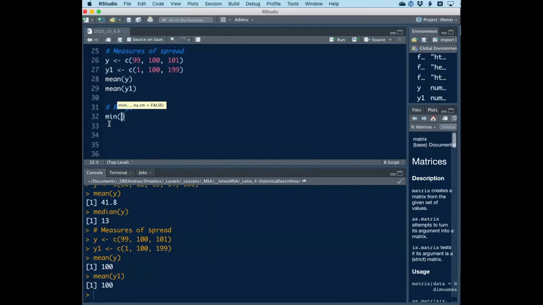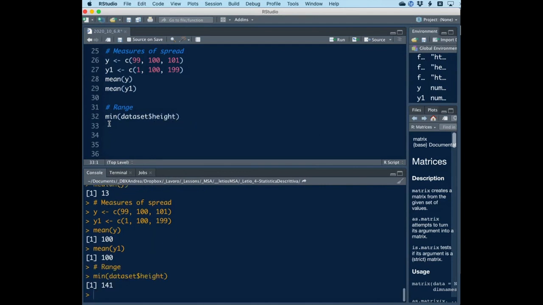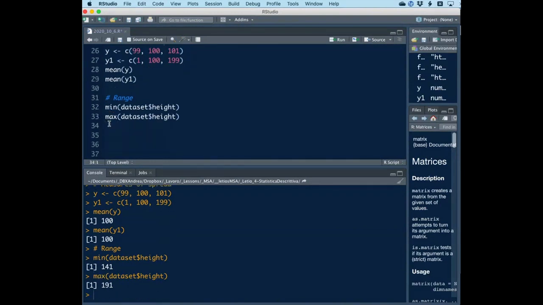Let's use the original data set, height. And we can use the maximum. So now we know that the data go from 141 to 191. So we know what the basic spread is.